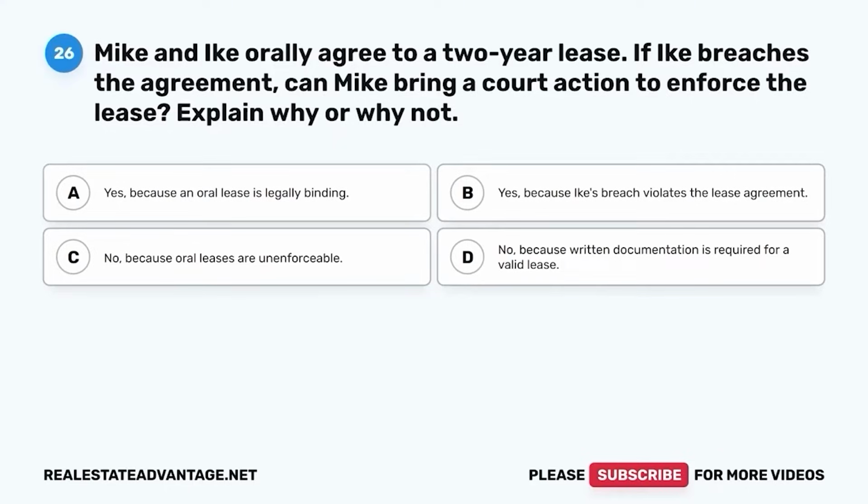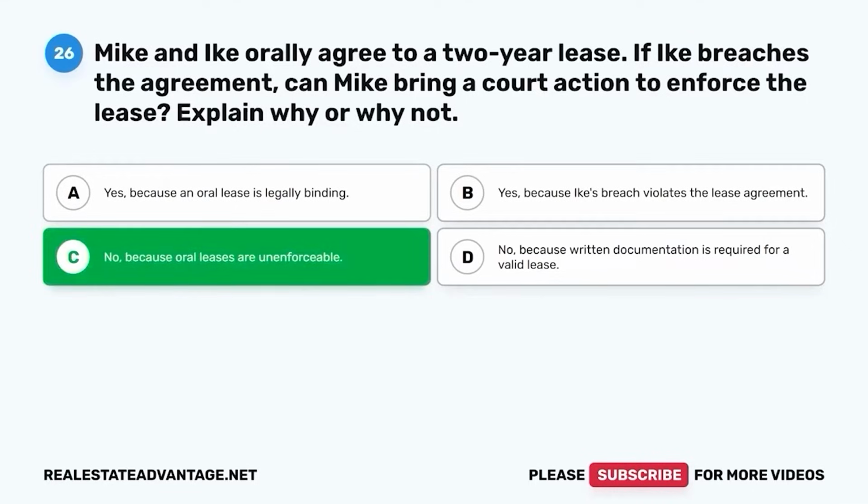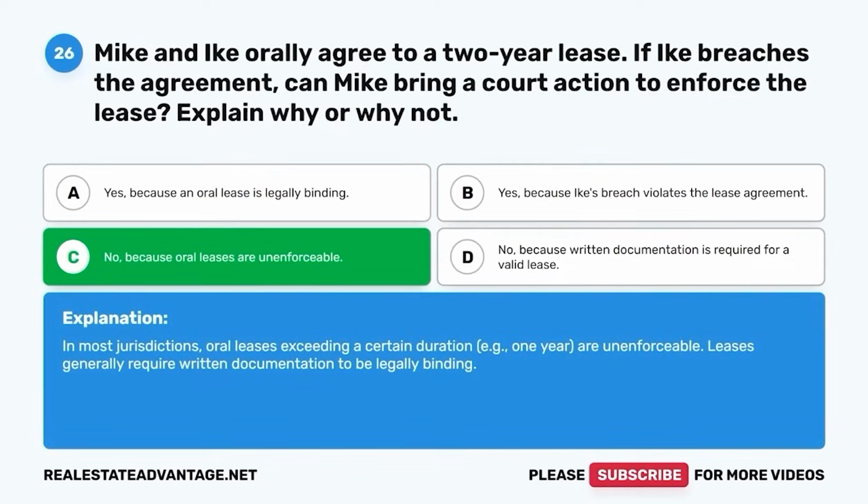D. No, because written documentation is required for a valid lease. The correct answer is C. No, because oral leases are unenforceable. In most jurisdictions, oral leases exceeding a certain duration, for example 1 year, are unenforceable. Leases generally require written documentation to be legally binding.